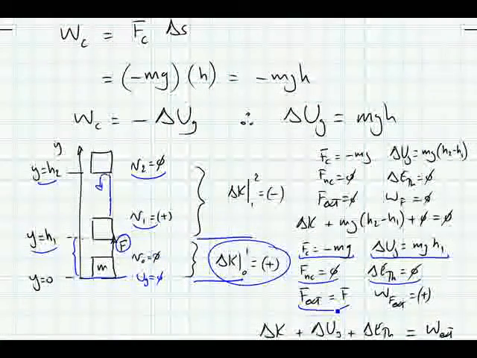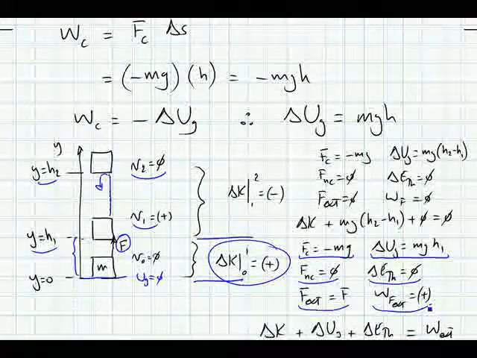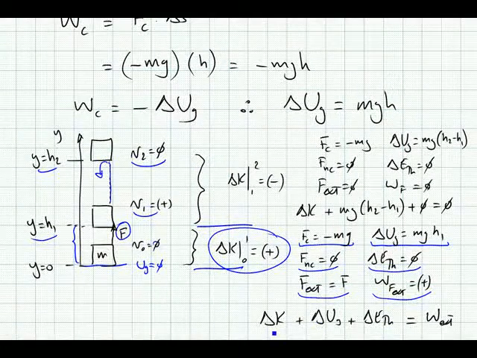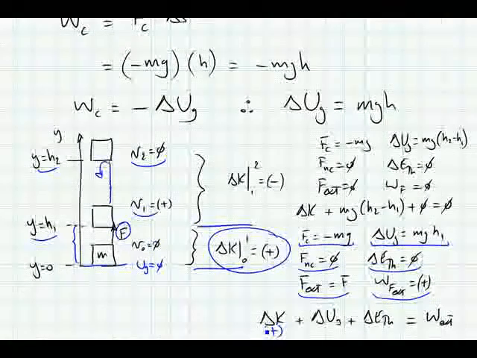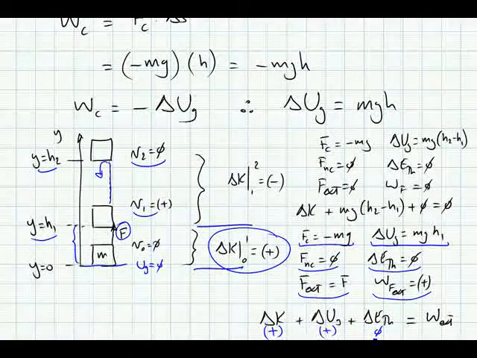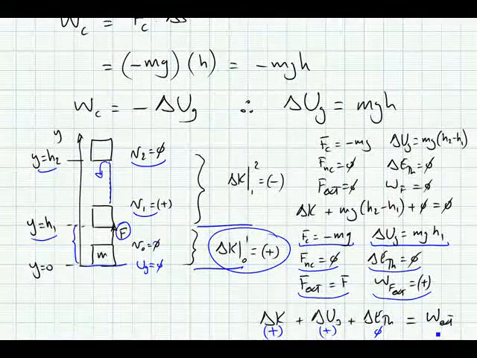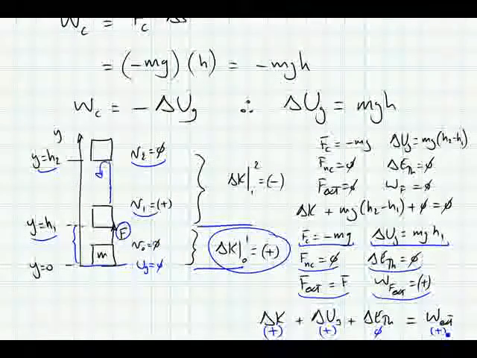And work done by external force F is positive, so we can go ahead and write delta K plus delta UG plus delta E thermal equals work external: delta K is a positive number, delta UG is a positive number, delta E thermal is 0, and work external is positive.